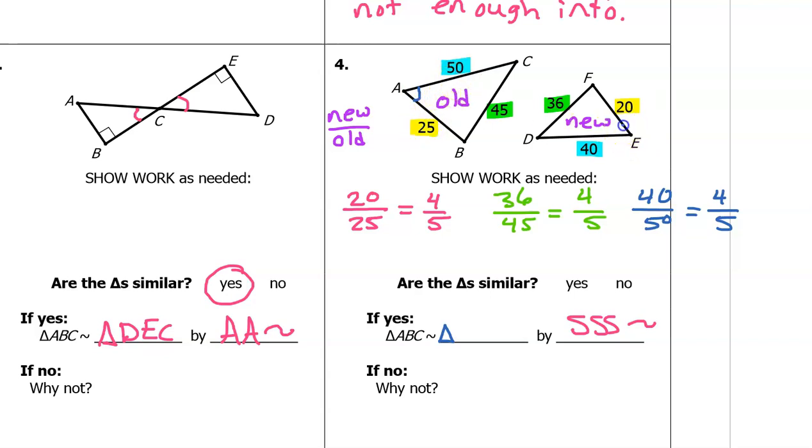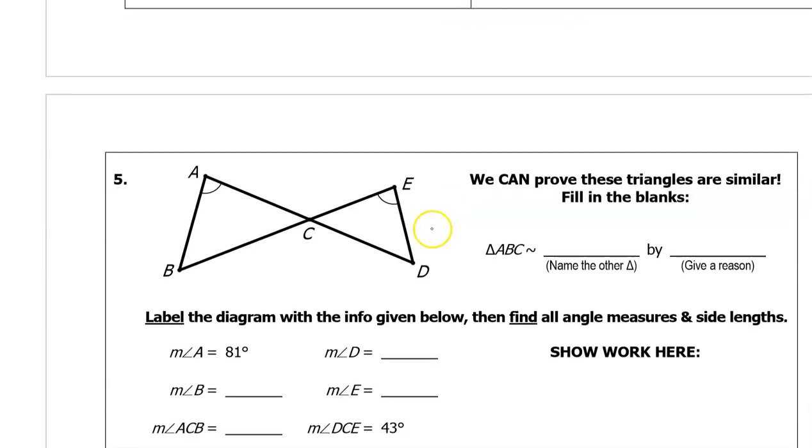So that's going to correspond with angle E. Next, we have angle B. Notice angle B is between the yellow and the green. So that's going to correspond with angle F. And that just leaves angle D. All right, so that was number 4.